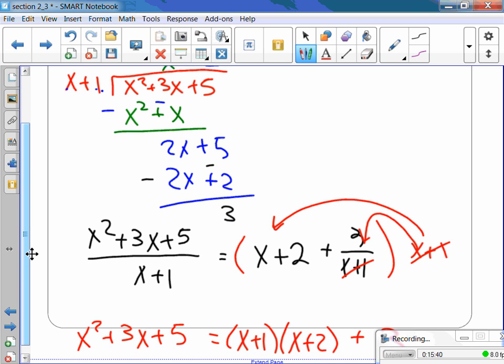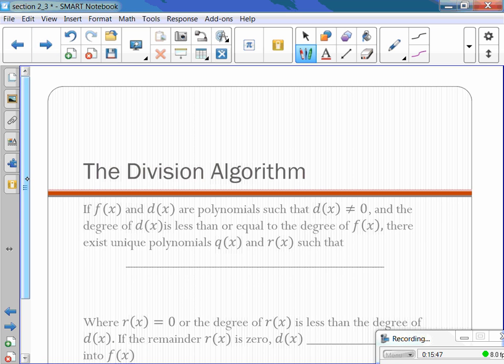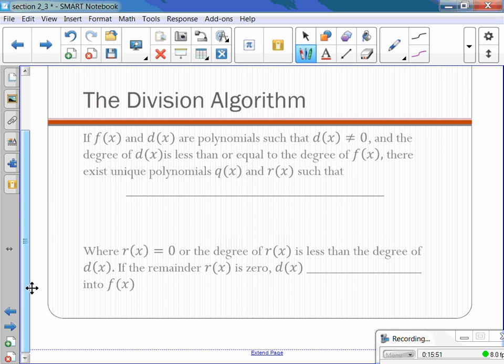So, the division algorithm: if f of x is the original polynomial we're starting off with, and d of x is my divisor, polynomials where, of course, I can't be dividing by 0, so d of x is not equal to 0, and the degree of d of x is less than or equal to the degree of f of x.